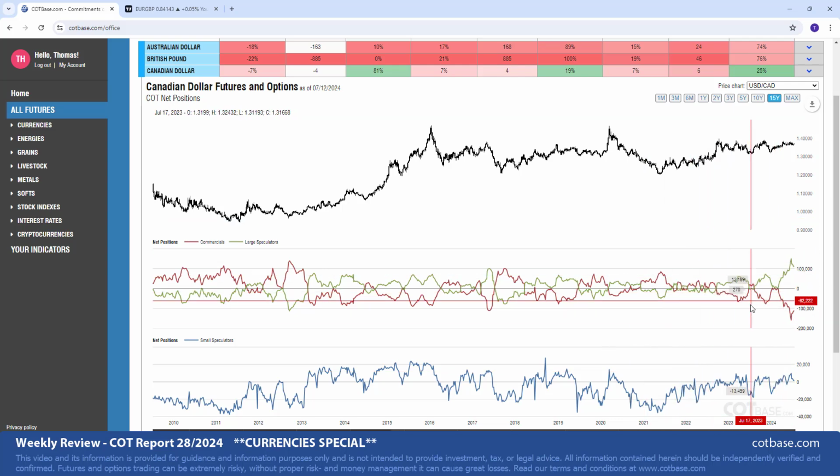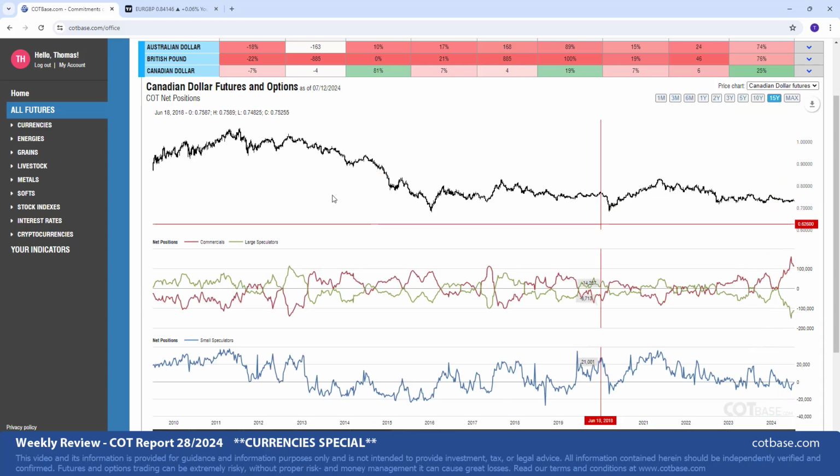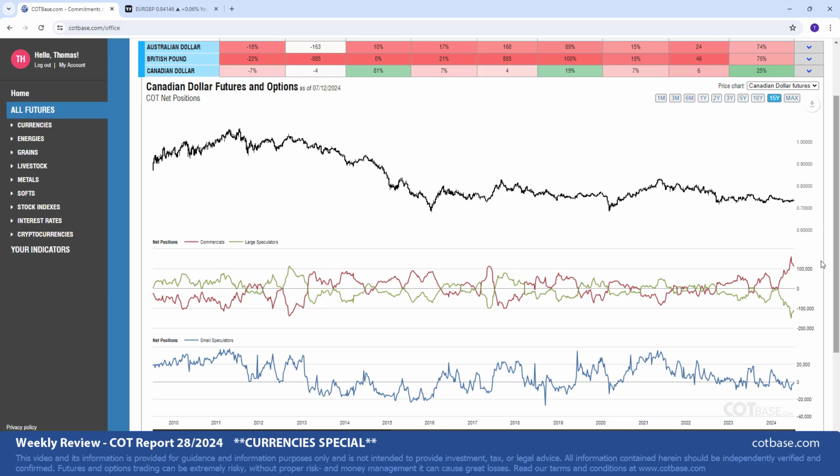Let's go back to the futures for a sec, just so nobody gets mixed up. So this is the Canadian dollar futures contract with the Canadian dollar futures and options COT data underneath. And what you can do is basically conclude that, based on this report, there's a bullish COT extreme in the Canadian dollar against the US dollar.